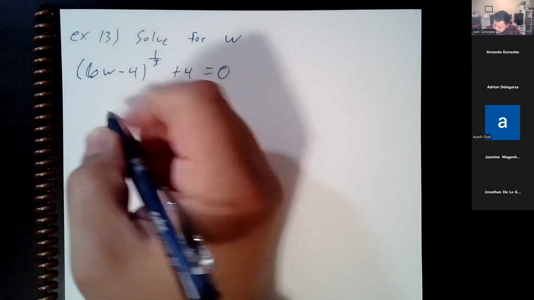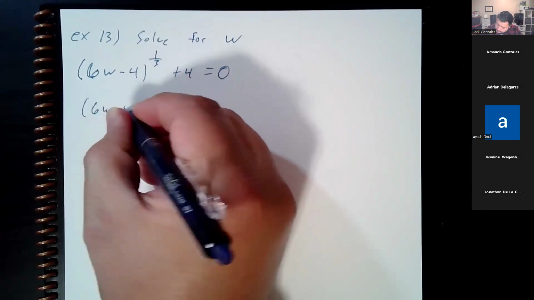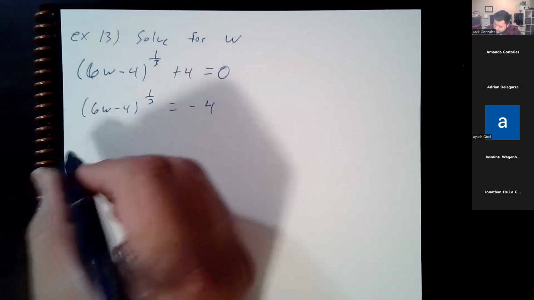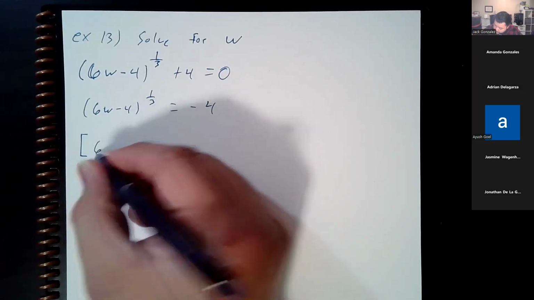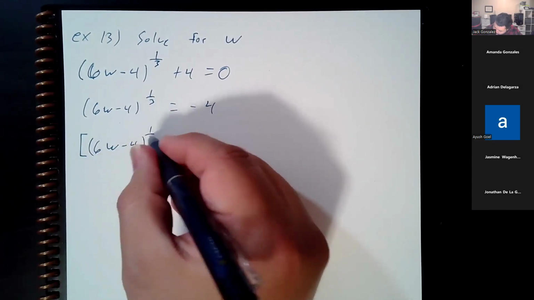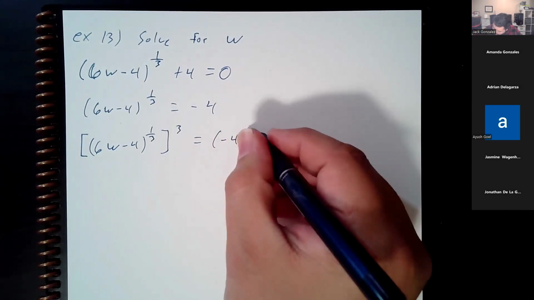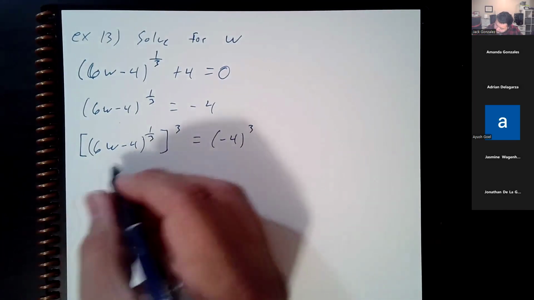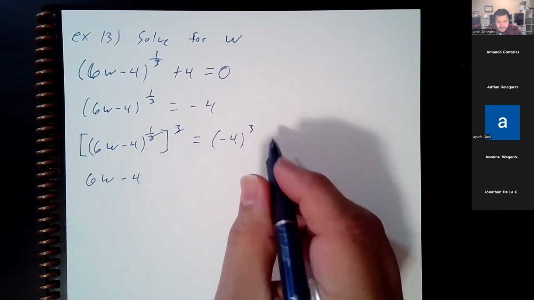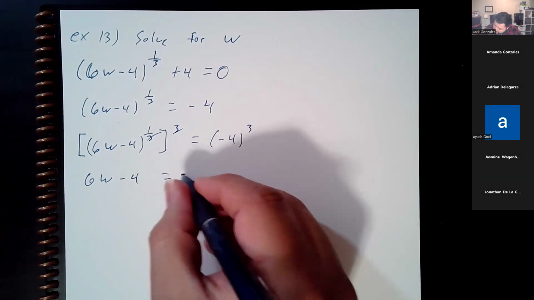Okay, so just like you did the root, isolate the 1/3, subtract the 4, then raise both sides to the cube. So these cancel, leaving you with 6w minus 4. Negative 4 cubed is going to be negative 64.